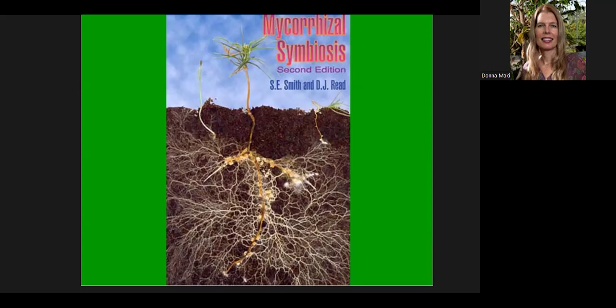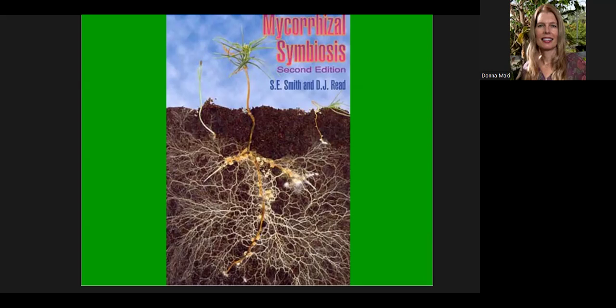All right. So with mycorrhizal fungi, we're looking at this idea of a very close symbiotic association with the plants. And this is taken from the front cover of a book where they're showing a conifer seedling, and on several of them actually. And then basically you can see the thicker yellowish, those are the roots, yellow, white.